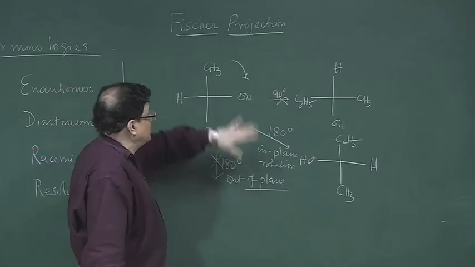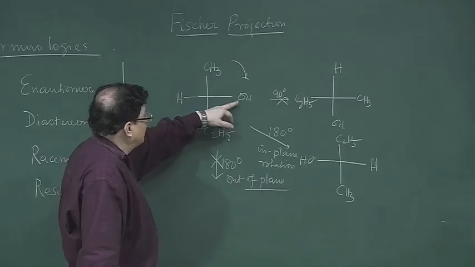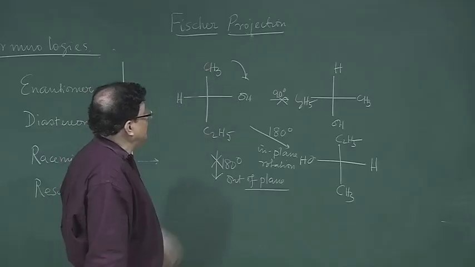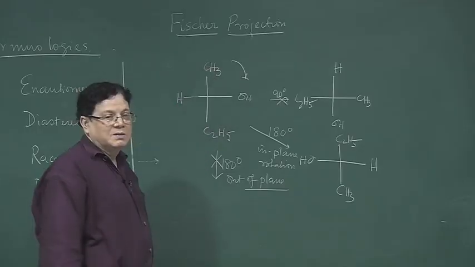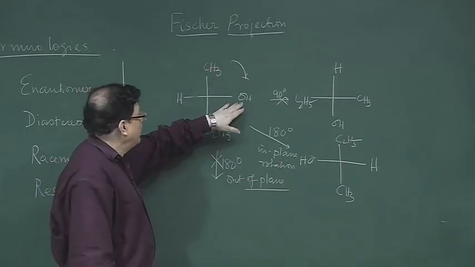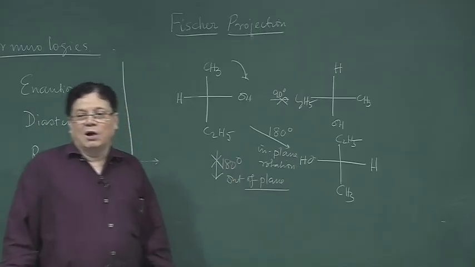Then what are the other rules? The other rule concerns exchanging the position of these ligands. Suppose I exchange OH with methyl, I put OH here, methyl here, whether that is allowed or not.